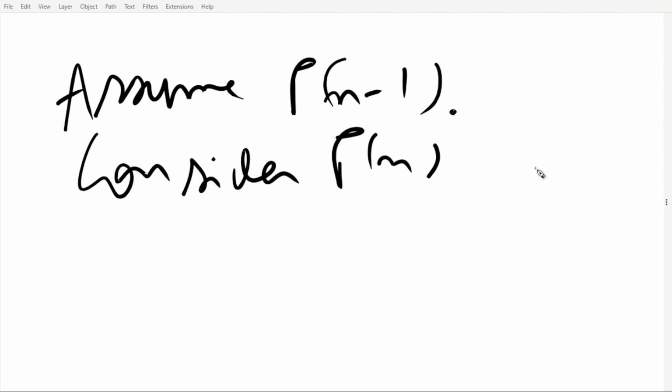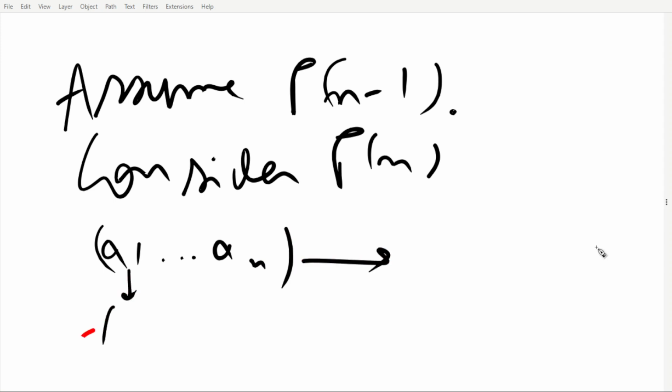Suppose our algorithm on n inputs, the original input a1 up to an, gives the tree T.